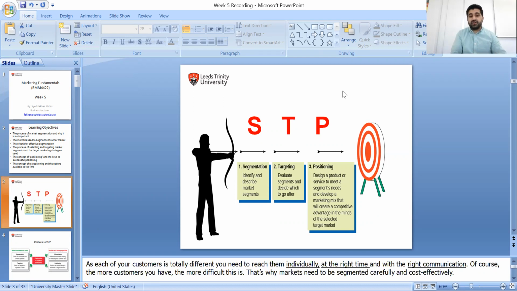Each customer is totally different in his needs, and we should know what customers need specifically. So before launching a business, we have to identify which segment we need to offer our product or service to.